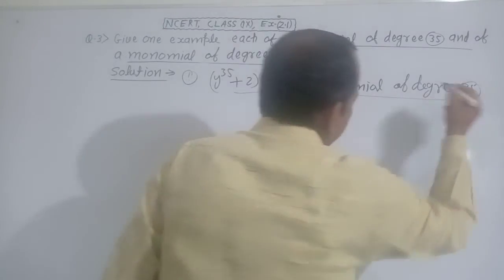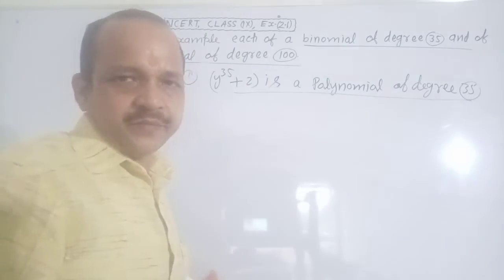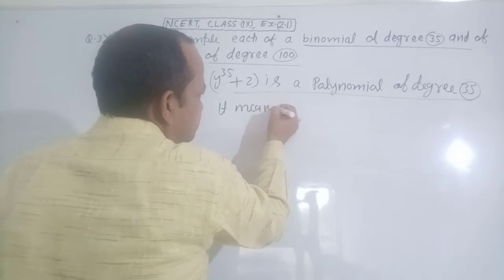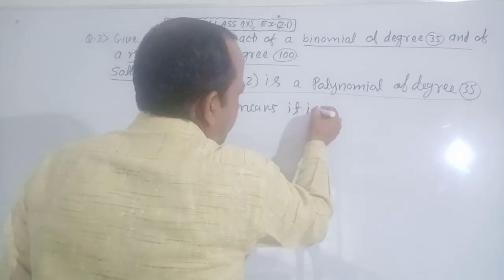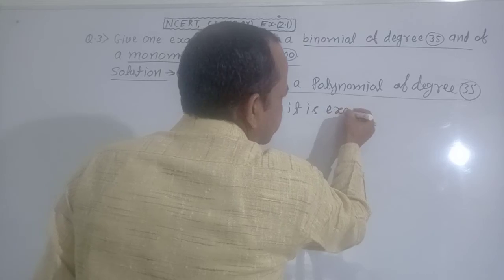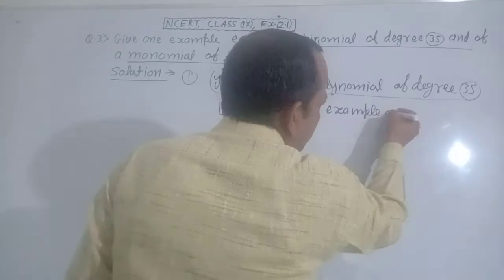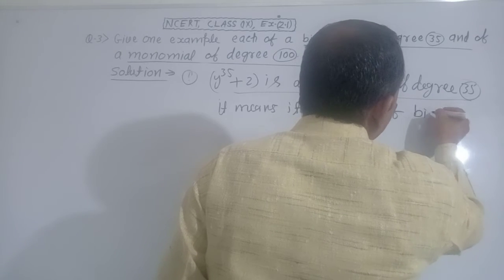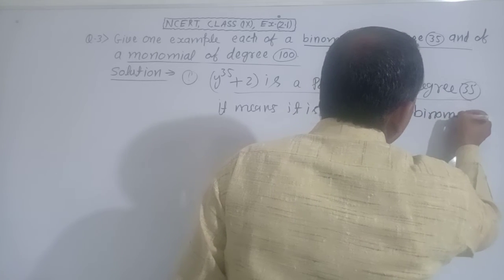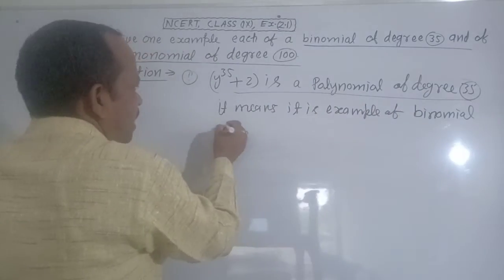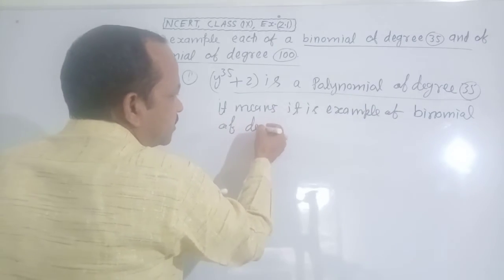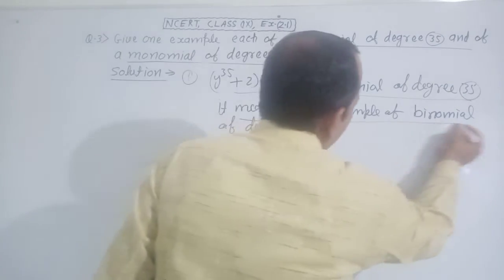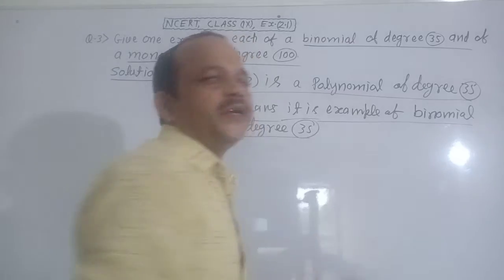It means it is an example of a binomial of degree 35. It is a binomial of degree 35.